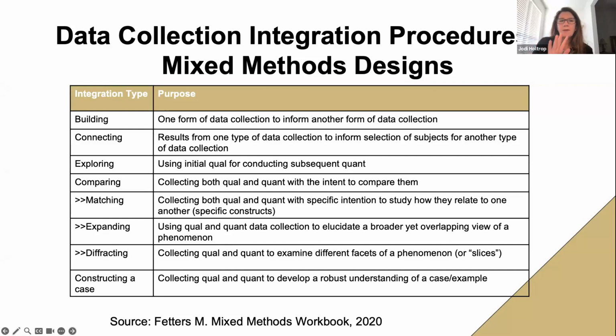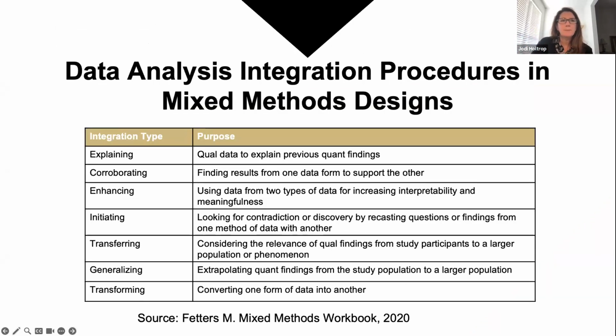Again, don't worry about knowing exactly what all these are. But when you're writing a proposal, it really helps to have a reference book and to think through what you want to do when you write that into the methods of your proposal, or when you're writing up your results for a paper or a presentation. You have terms you can reference. So you can reference this book if you want.